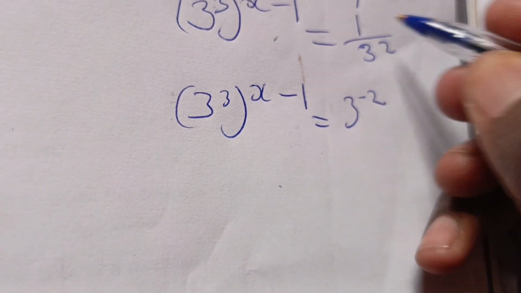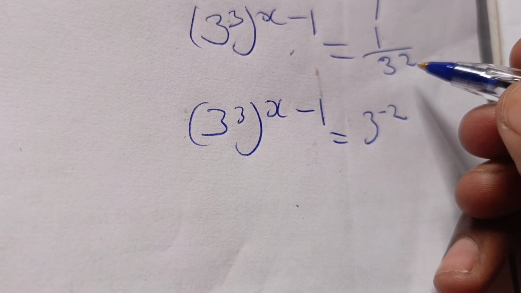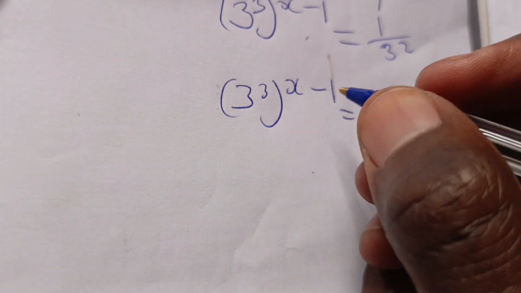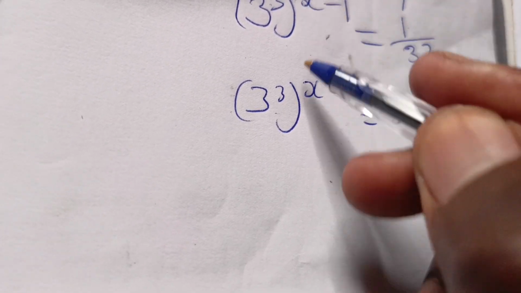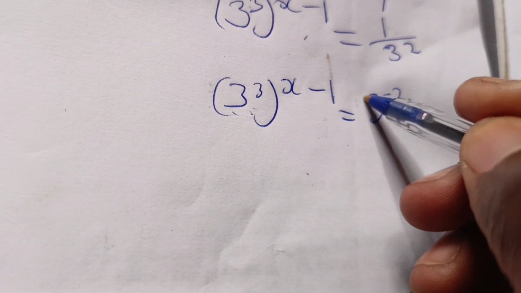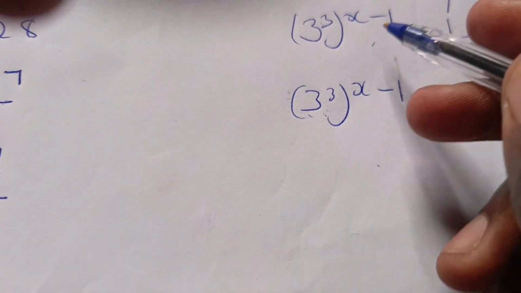This is more like the inverse of 2, so we say negative 2. Now we can solve since the bases are the same. You only start to deal with the powers when the bases are the same.